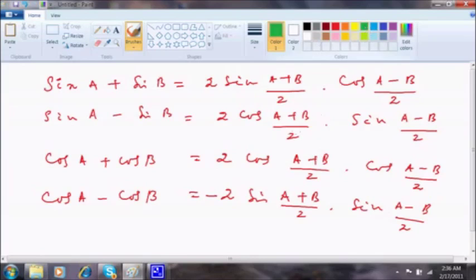This is easy to remember: if both are sine, one is sine, one is cos. If both are cos, or both are sine, when there is a minus, the only thing is there is a minus here. And if this is minus, it begins with a cos.